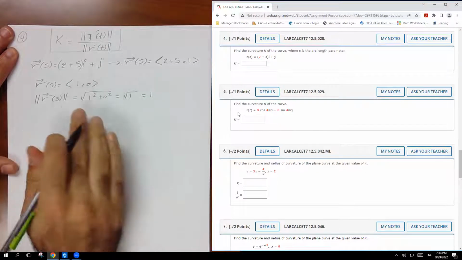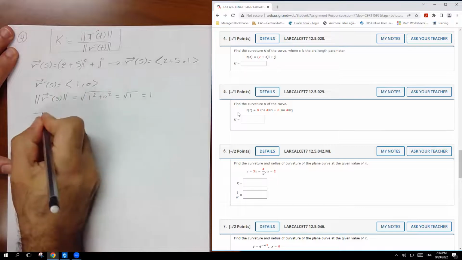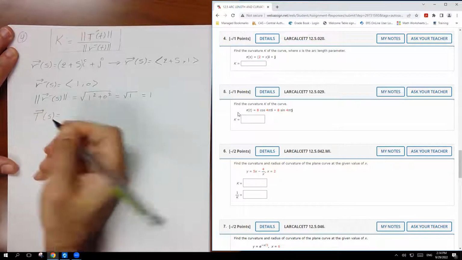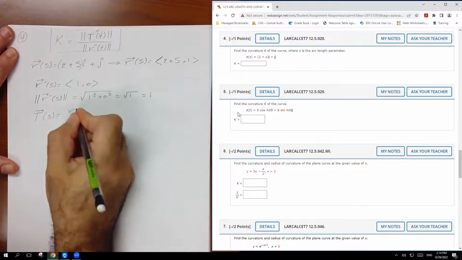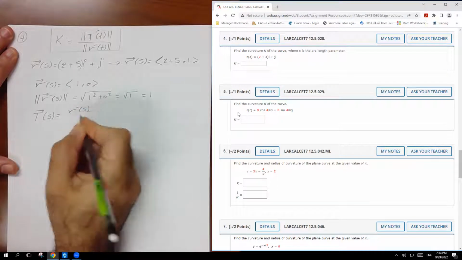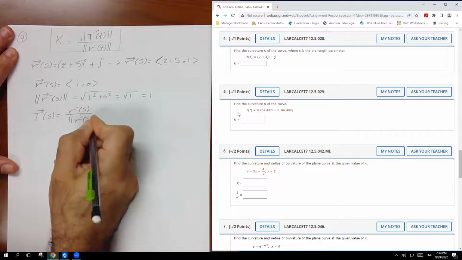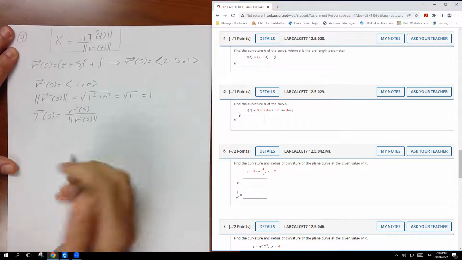Then we need to find the T. T of s is going to be r prime of s divided by the length of r prime of s. This is from the previous section.